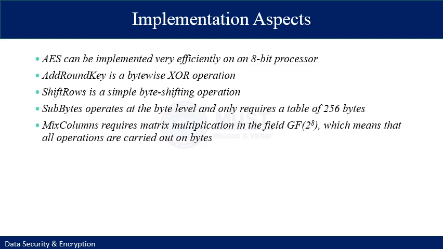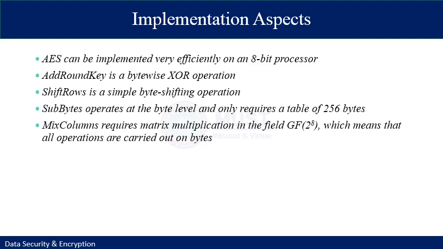AES can be implemented very efficiently on 8-bit processors because it uses 8 bits to represent one element in a state. Add round key is a bitwise XOR operation. Shift rows is a simple byte shifting operation. Sub bytes, substitute bytes, operates at the byte level and only requires a table of 256 bytes.